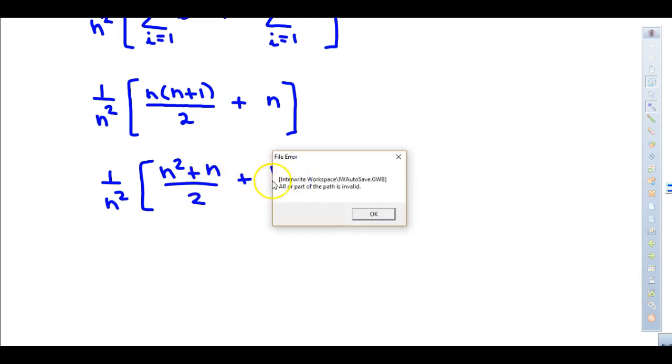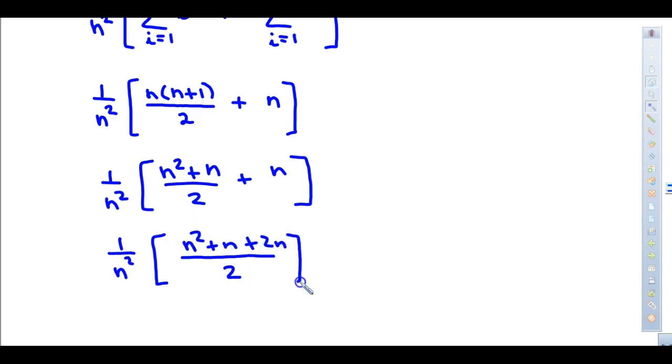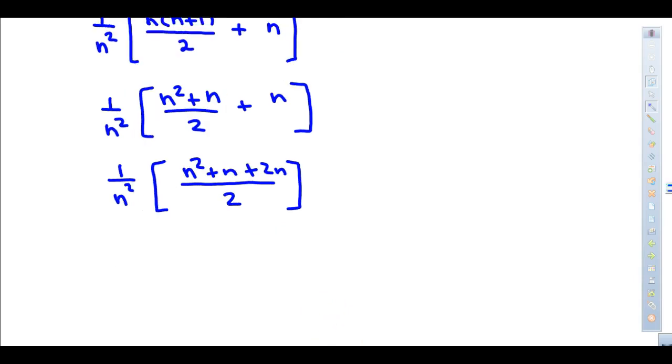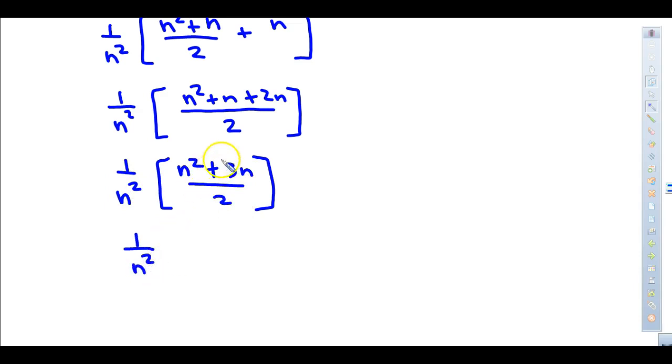We get a common denominator right here, and my common denominator is going to be 2. So that's n squared plus n plus 2n, and combine my like terms. And I'm going to multiply. Actually, I'm not. I'm going to factor out an n right here.